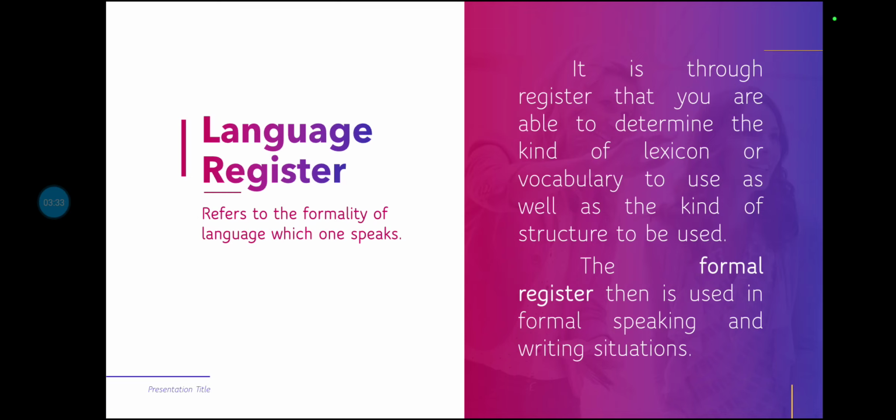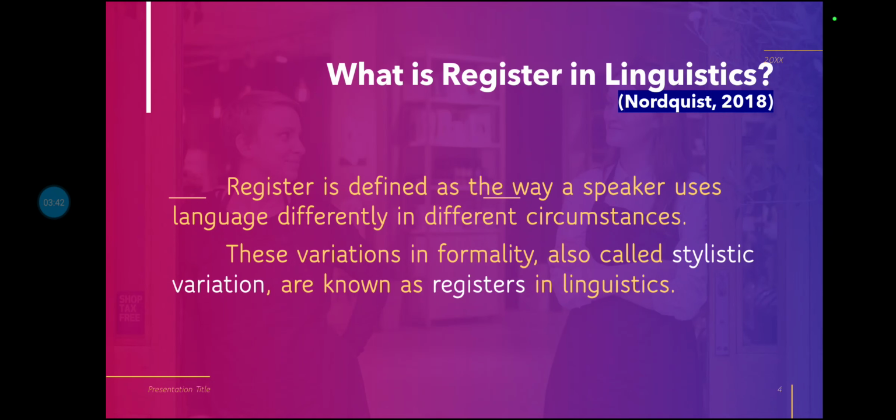So this language register will help us. All right, so we have this one again. What is register in linguistics according to Linguists 2018? Register is defined as the way a speaker uses language differently in different circumstances.